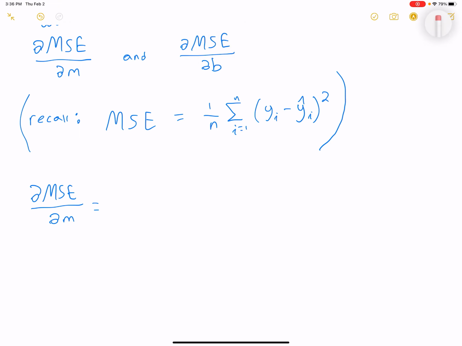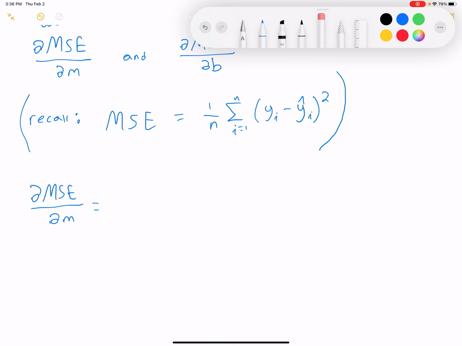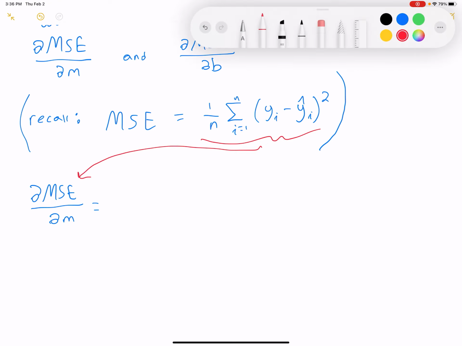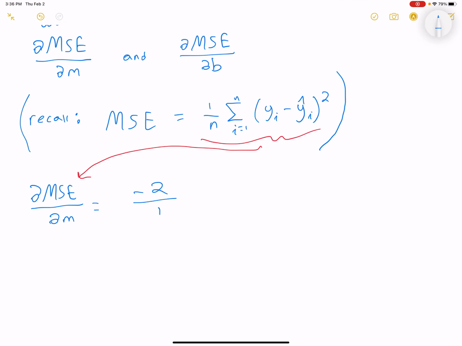That is equal to -2 over n times the summation from i equals 1 to n.